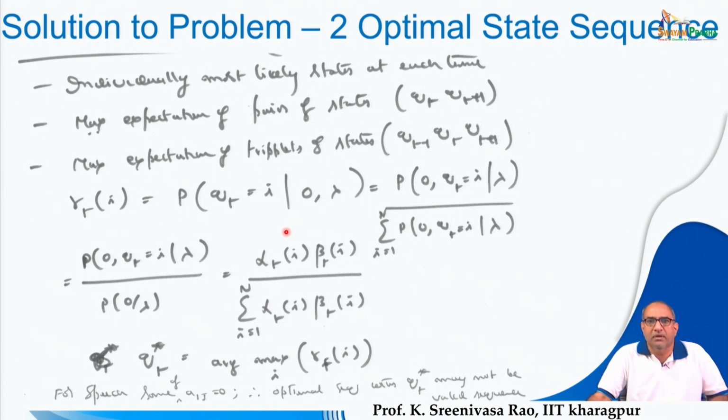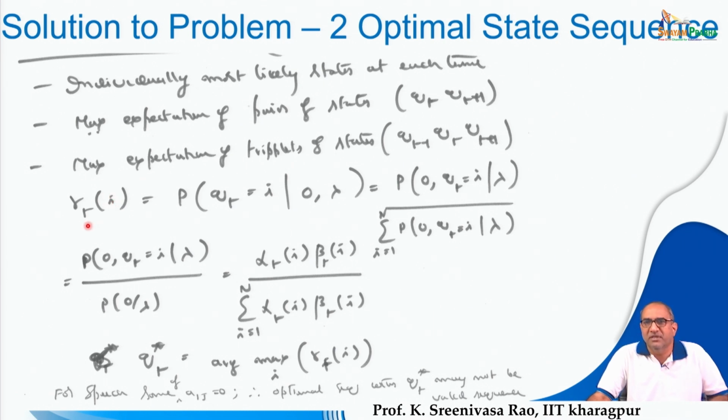For doing that, we define a variable known as gamma t of i, where gamma t of i is the probability that the system at time t is in state i. The small t indicates the time instant, and the i within the braces indicates the state.